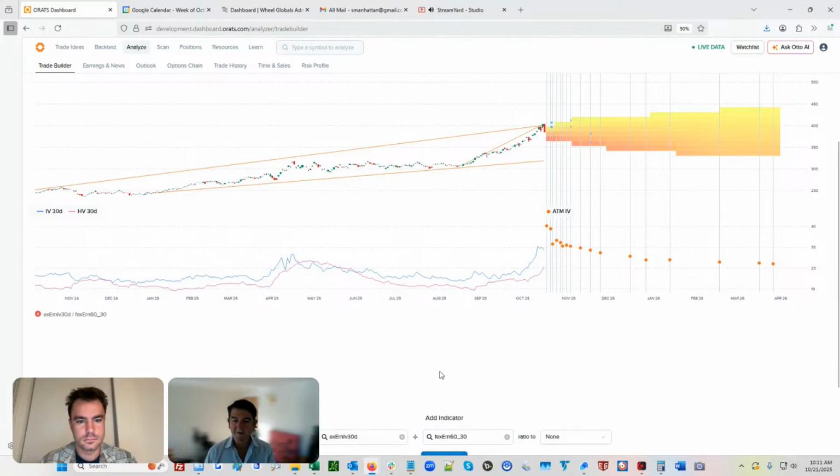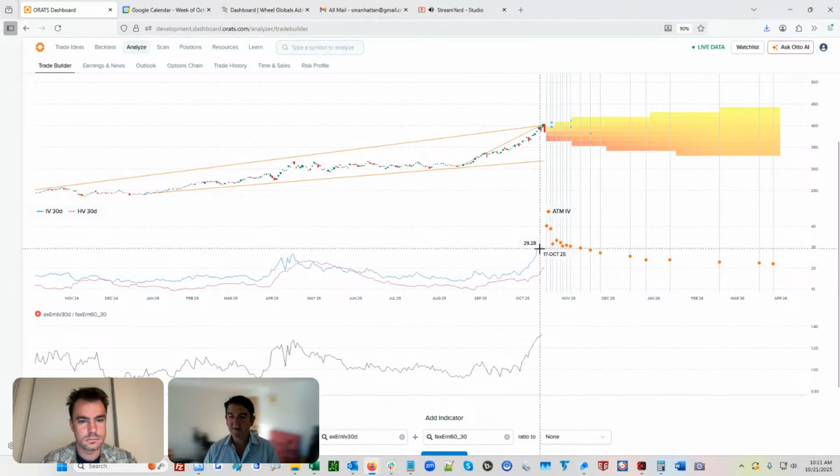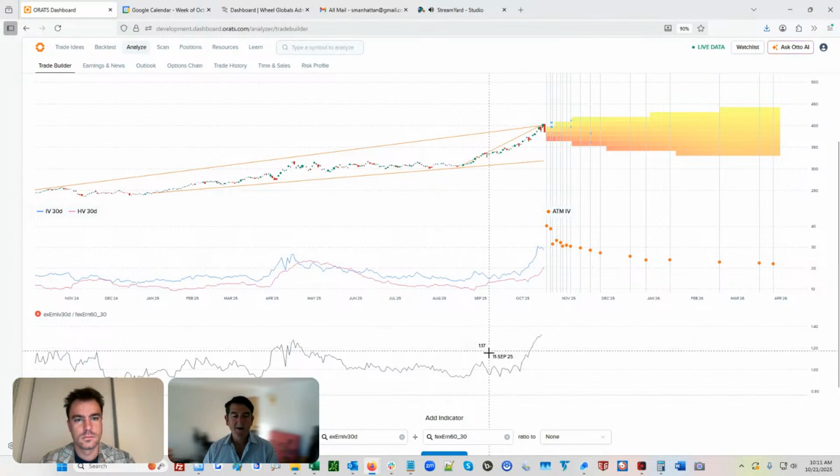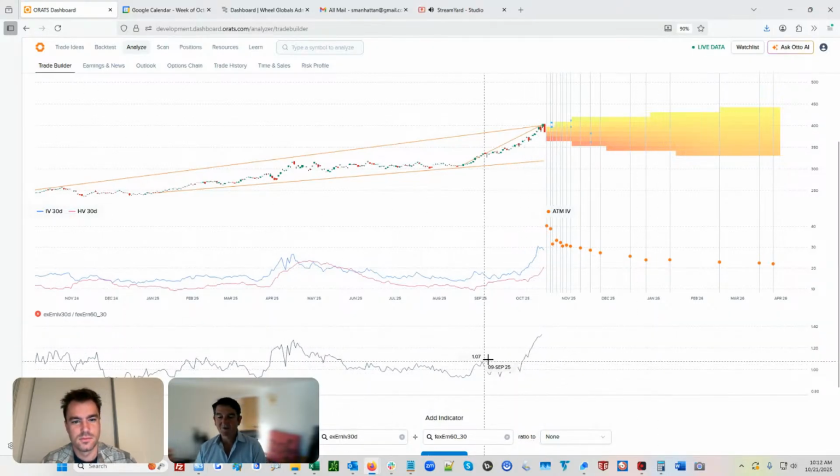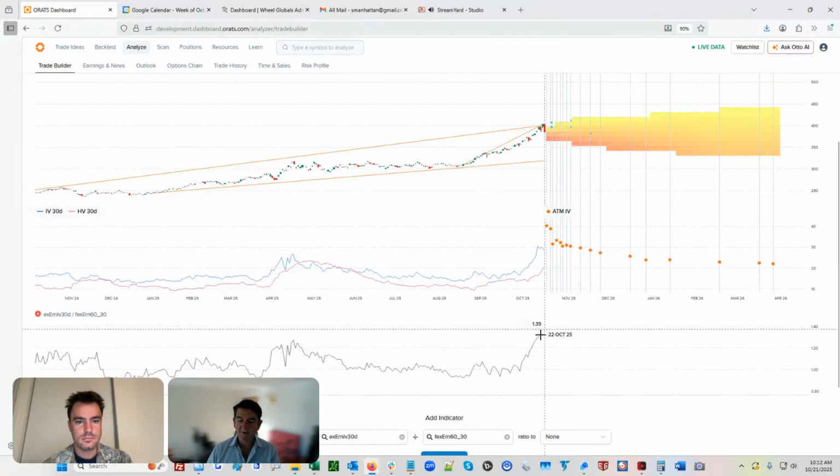So we could add this to the chart. In gold, you can see that the blue line here, the volatility, has come up quite a bit. And what has also come up substantially is this relationship. If you're just scalping this line, how well did this do?